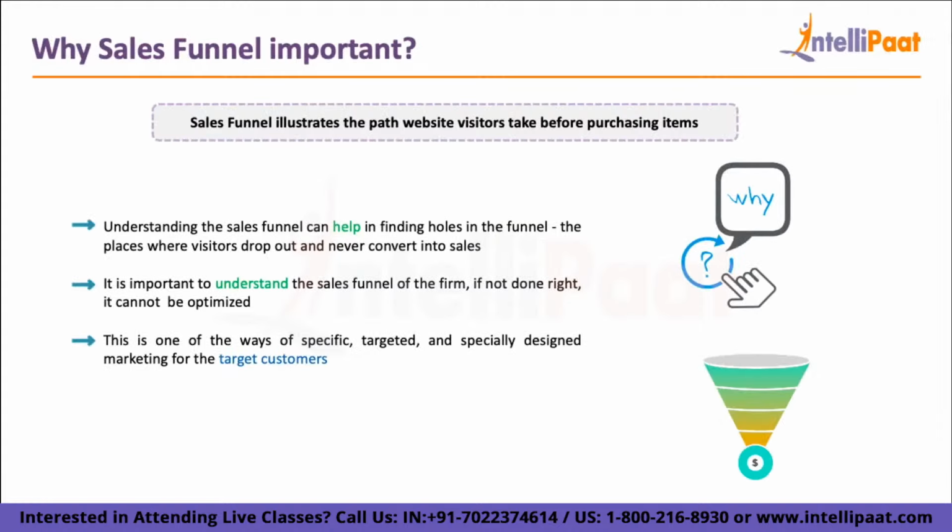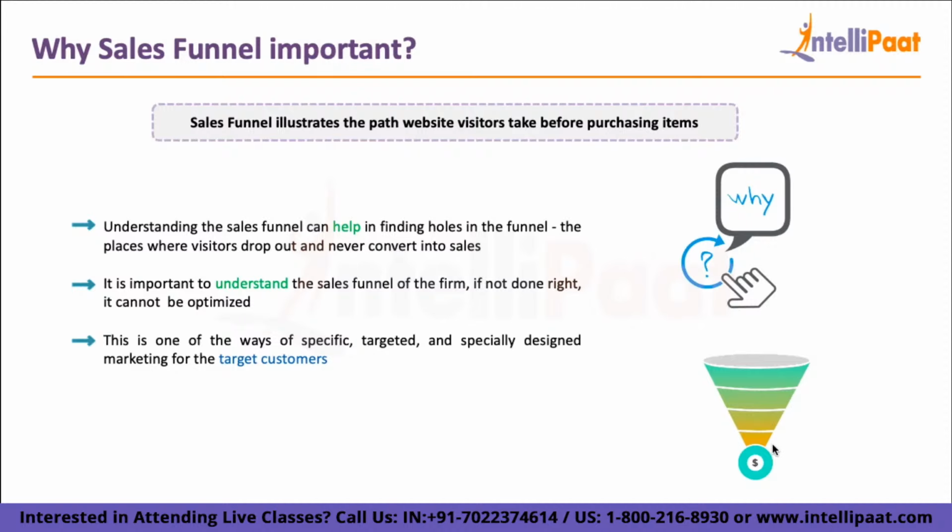It basically helps you to understand where exactly the problem is. Let's say you're getting a huge amount of traffic, but you're not getting the right number of sales. Now you can understand, okay, probably there is some problem either in transitioning of traffic to leads, or from leads to sales, right?